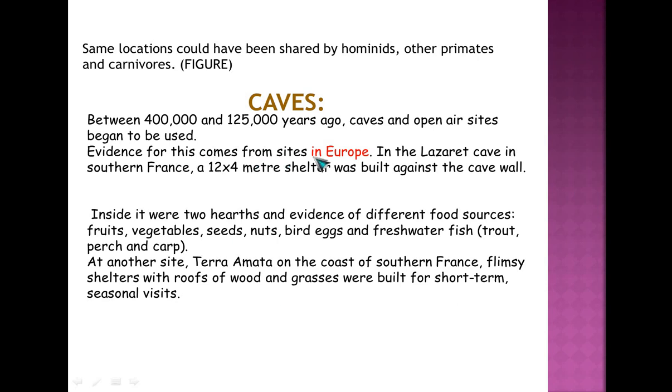Evidence of this comes from sites in Europe, especially a cave called the Lazaret Cave in southern France. A 12 by 4 meter shelter was built against the cave wall. Inside, they got evidence of hearths, that is a place where you light fire, and evidence of a hearth doesn't get destroyed very easily.